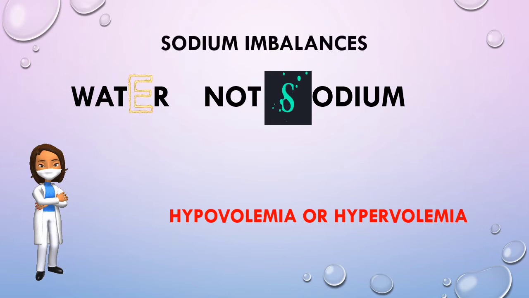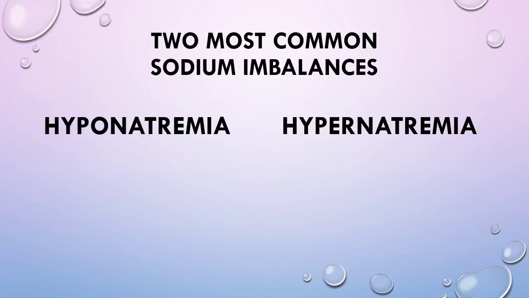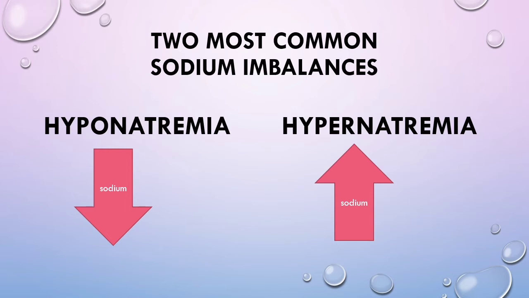Sodium imbalances are changes in water, not in sodium, which result in hypovolemia or hypervolemia. There are two most common sodium imbalances: hyponatremia, or low sodium, and hypernatremia, or high sodium.